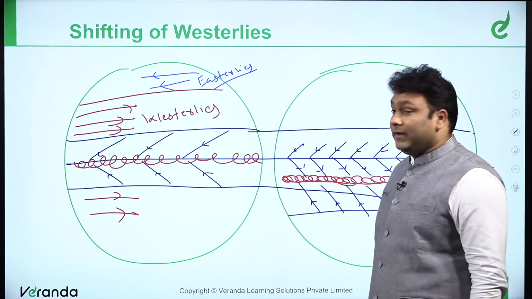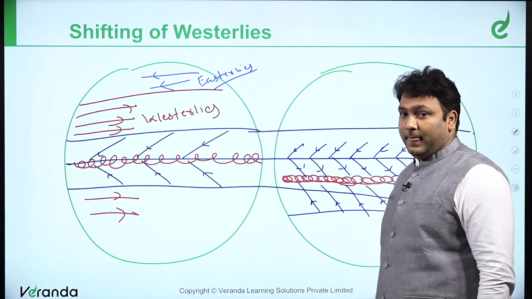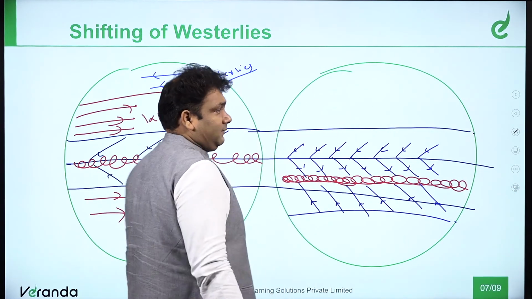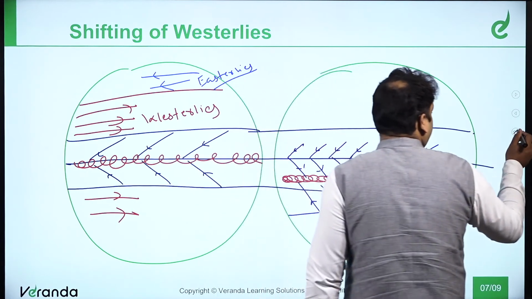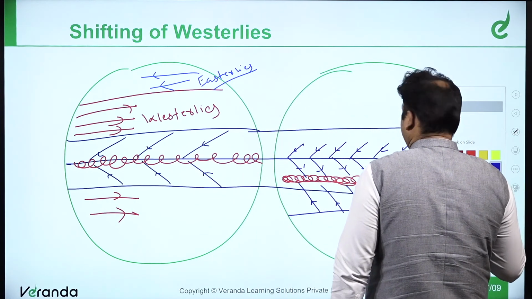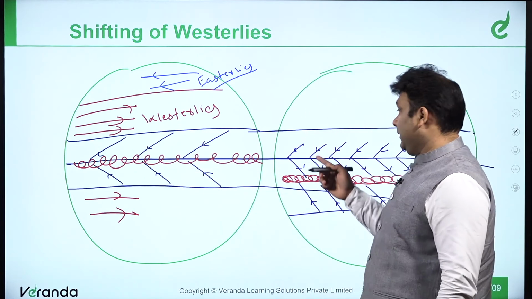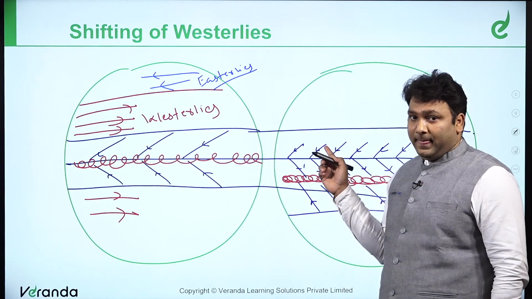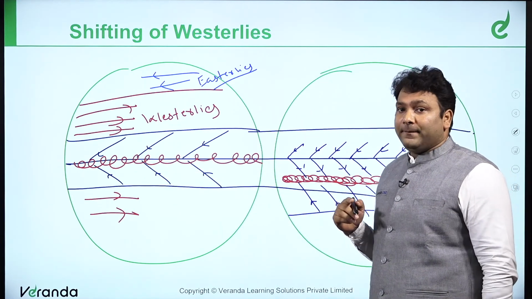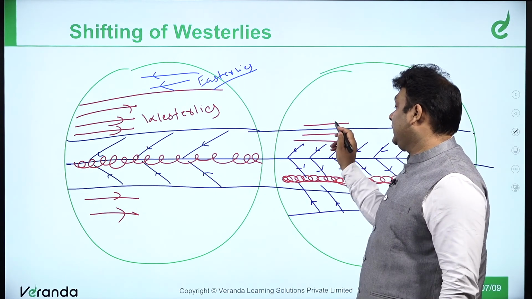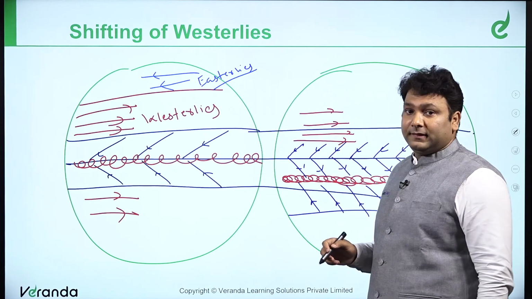So this is a new zone of the trade winds now. I hope you can see that. Now, this region which was otherwise under the effect of the trade winds, this region was under trade winds earlier, but now this has been vacated. Someone has to occupy. So the westerlies will be shifting a bit towards the equator.